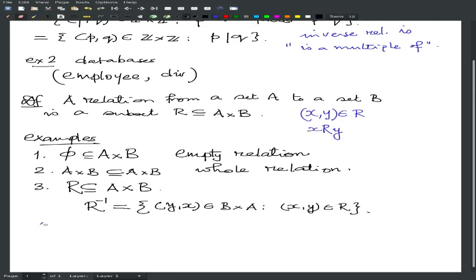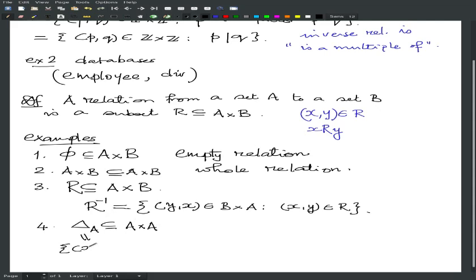There is another very nice relation, which is denoted by this, which is a relation on a set itself. So it's a relation amidst the members of the set themselves. So it's a subset of A cross A. We call such things relations on A and so on. So what is this?